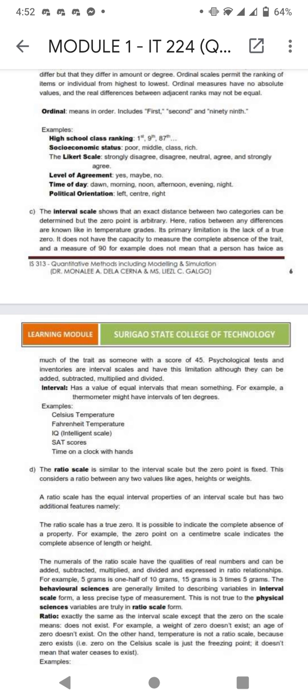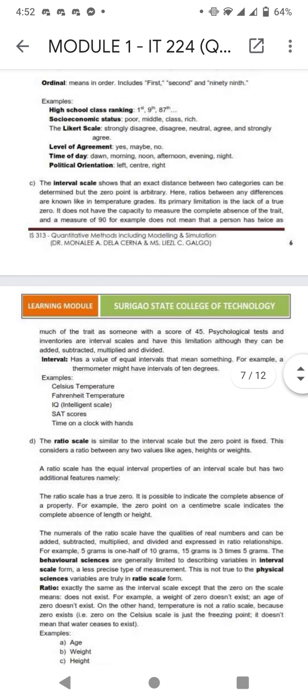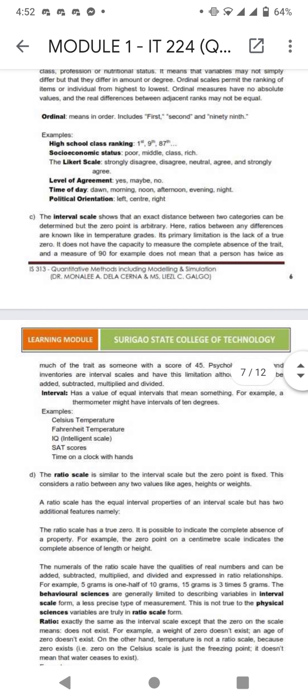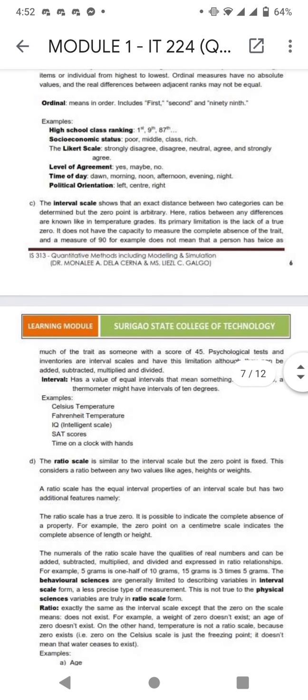For example, a thermometer might have intervals of 10 degrees. Examples are Celsius temperatures, Fahrenheit temperatures, IQ, SAT scores, and time on a clock with hands. That is how we could describe the interval scale.